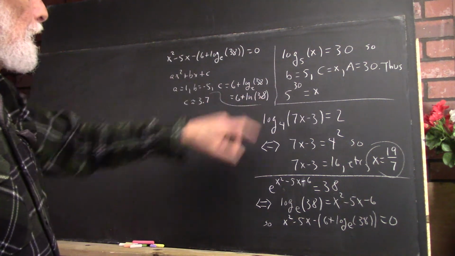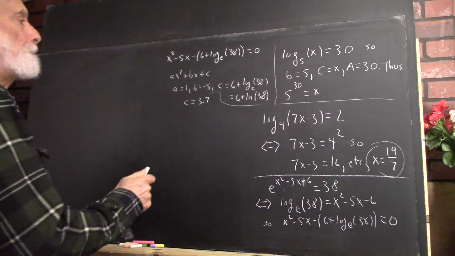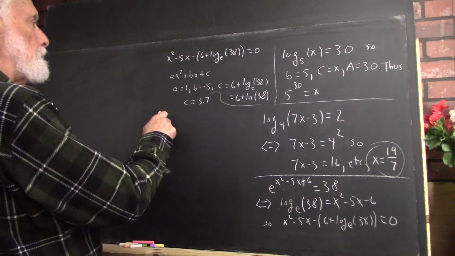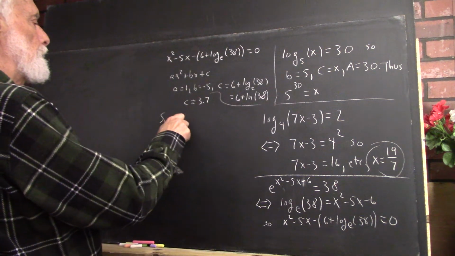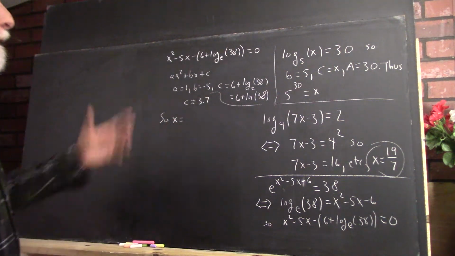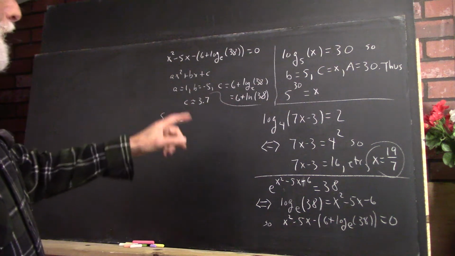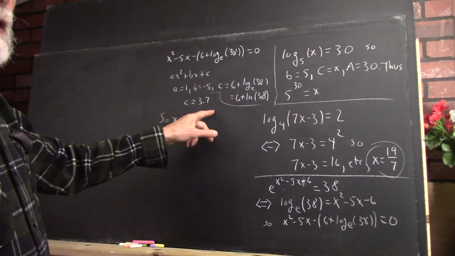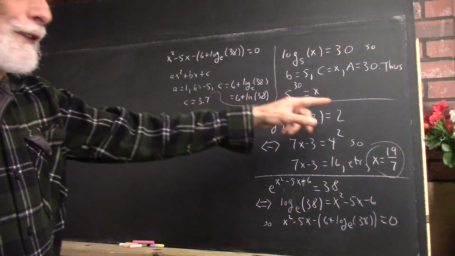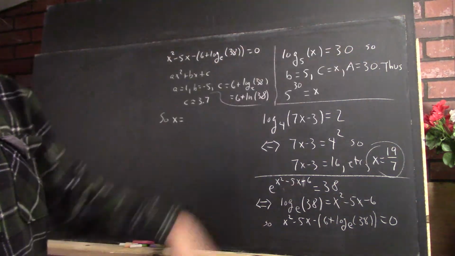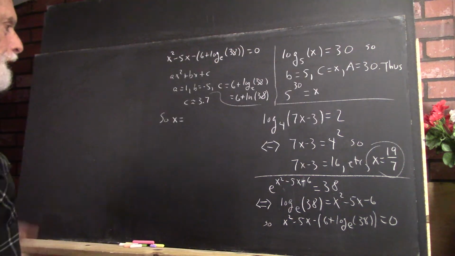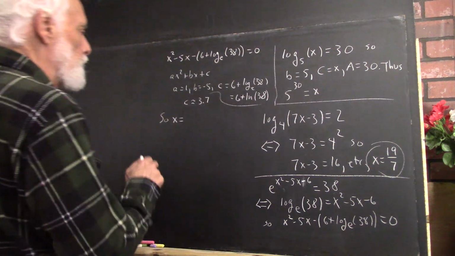Just natural log of 38. Now it's hopeless to factor this because, of course, this is an approximation to an exact number that goes on forever. No way you're going to factor it. You just have to write out the solution.